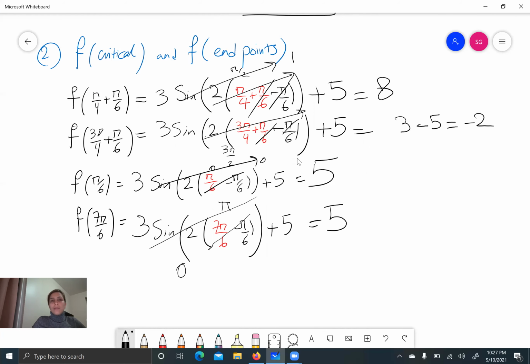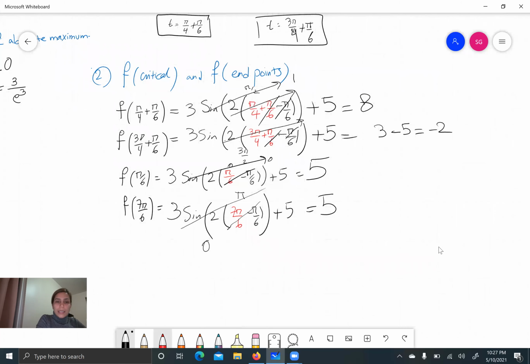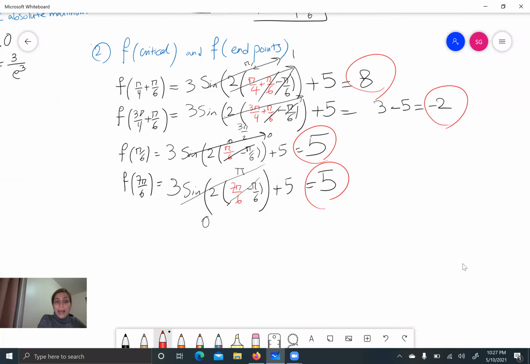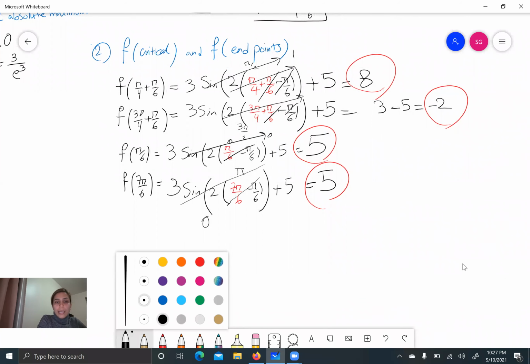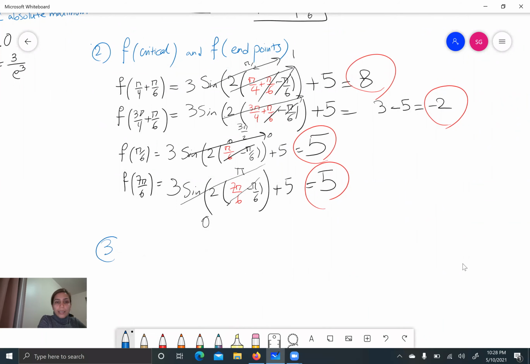Okay, we are done. We found these values. So this is the f of critical point, this is f of critical point, and these are f of endpoints. Now, in the last step, we just identify the extreme values, which means pick the smallest one and pick the largest one.